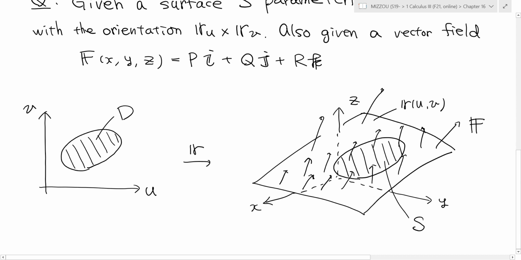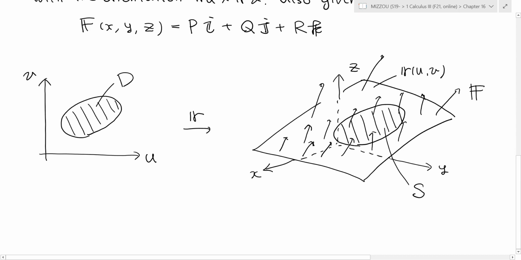Then now, the question is this. Suppose our vector field F represents, to be more precise, the amount of flow, or mass of water, per area.